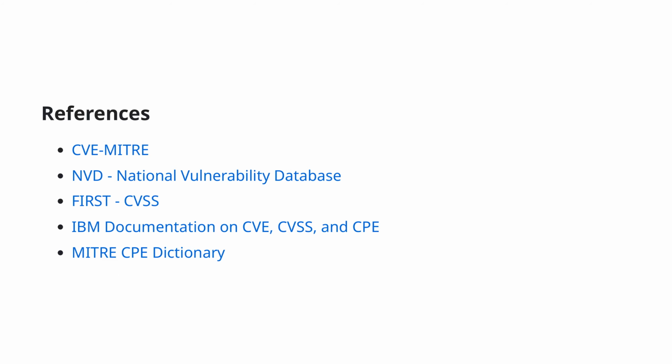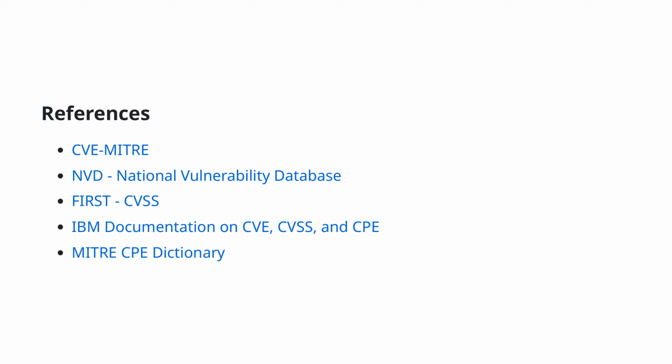On this slide, we've provided a list of valuable references that will serve as essential resources for deepening your understanding of CVE, CVSS, and CPE. The CVE MITRE website is pivotal for obtaining unique identification for vulnerabilities. The National Vulnerability Database is your go-to for standardized vulnerability information and updates.